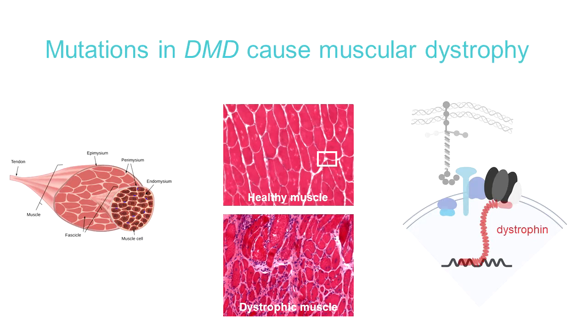And in the case of DMD, muscle is getting destroyed, and we are seeing a lot of fibrotic tissue and a lot of immune cells that infiltrate the muscle. And so muscle is not functioning anymore. In Duchenne muscular dystrophy, mutations in the DMD gene lead to the absence of dystrophin protein.